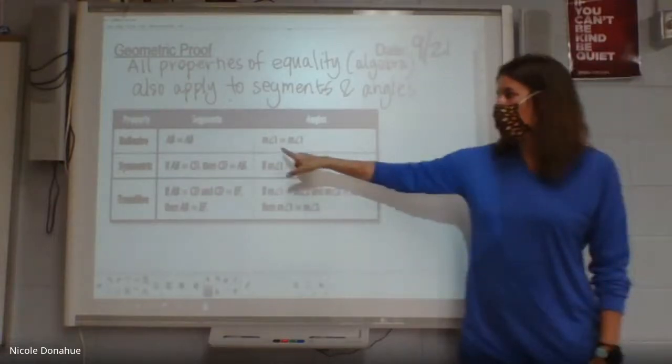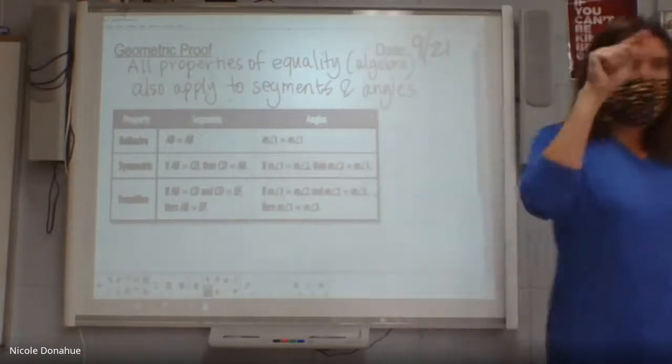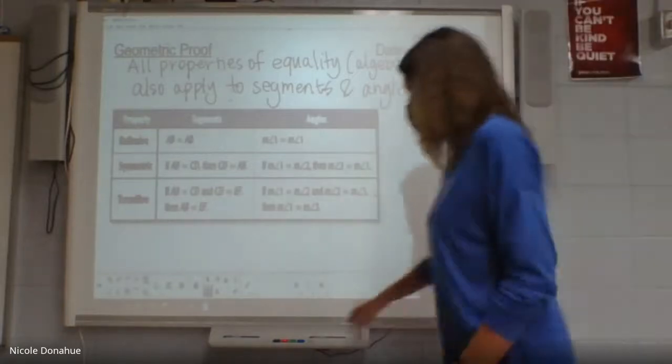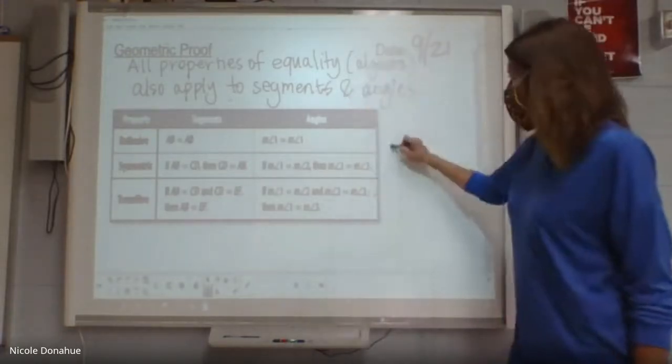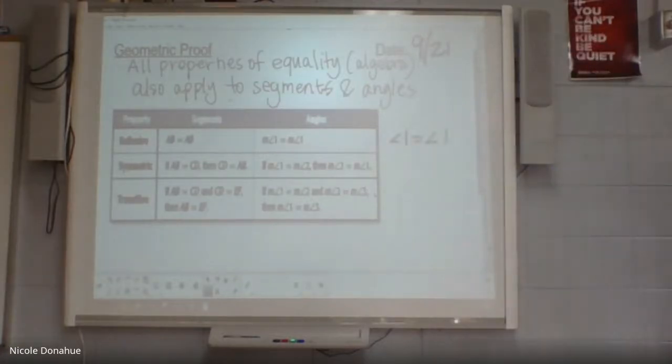So if you notice, they have this little M, angle 1, and then that's like the little equal sign with the squiggle on the top. Just to save us time and energy and frustration, I just automatically call that angle 1 equals angle 1. Technically, that doesn't exactly mean the exact same thing, but there are slight differences that I just don't think we need to get into.